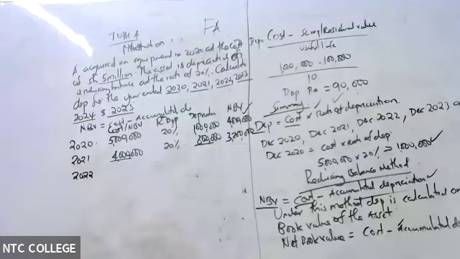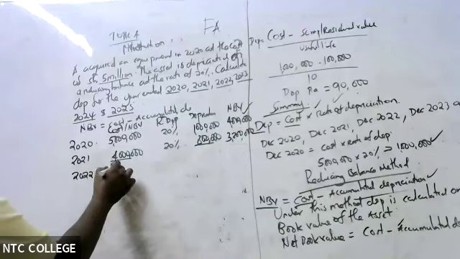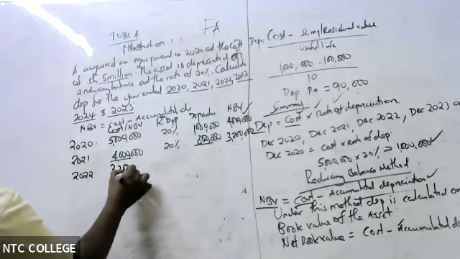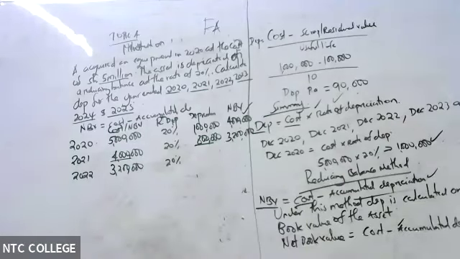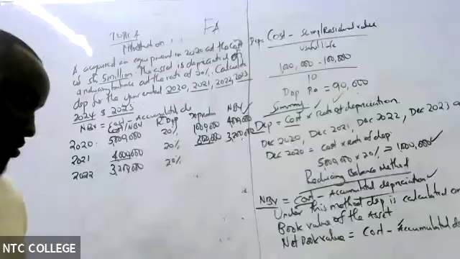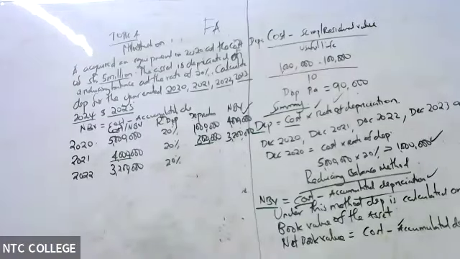So when I get to the year 2022, please attention, don't make noise. We have 3.2 million. The rate is 20%. So what is 20% of that in the year 2022? What do you have as the position for the year 2022?